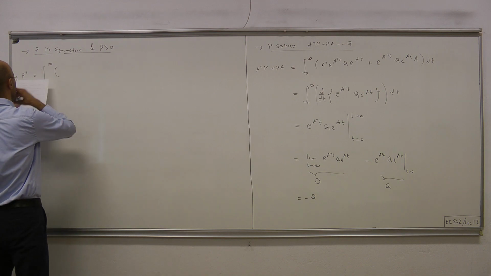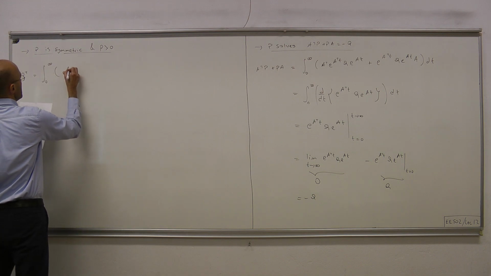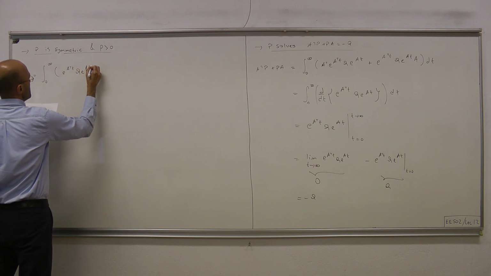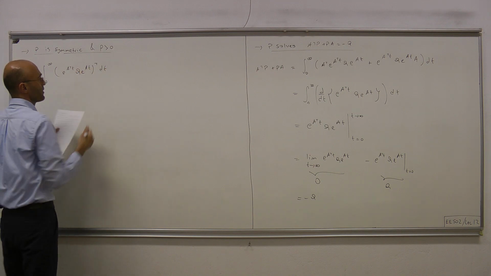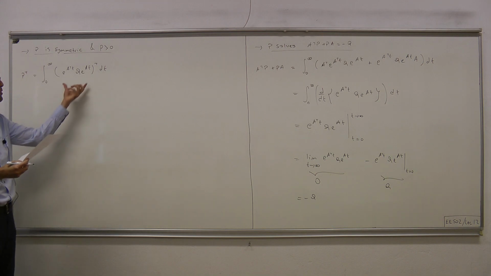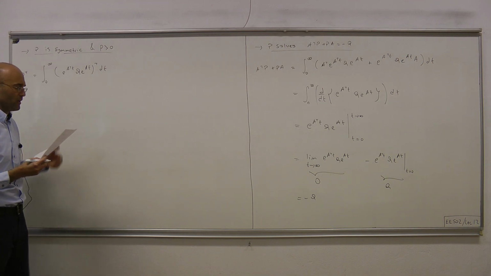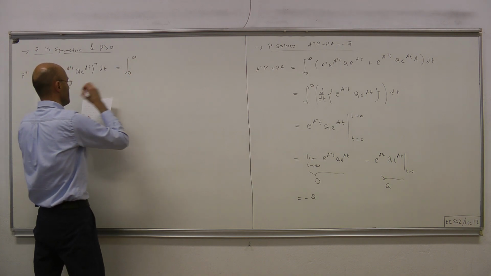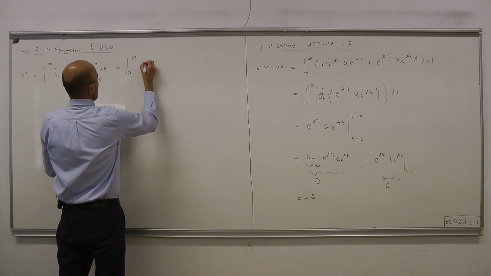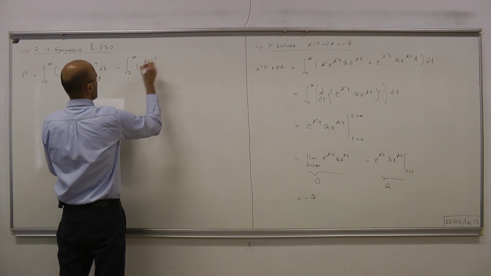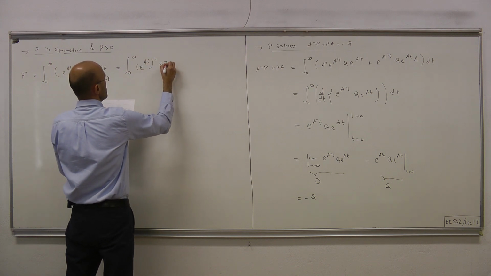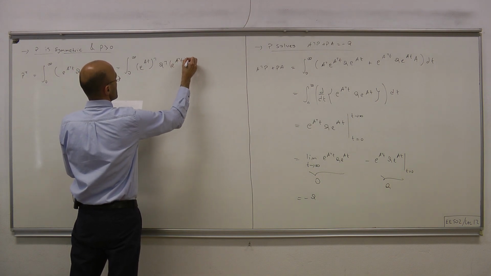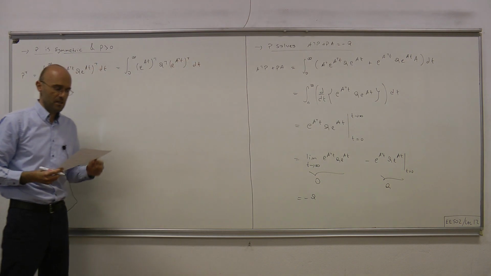In other words, we can write P transpose equals the integral of e to the A transpose t Q e to the At, transposed, dt. Let's transpose this product: from 0 to infinity, e to the At transpose, Q transpose, e to the A transpose t transpose, dt.